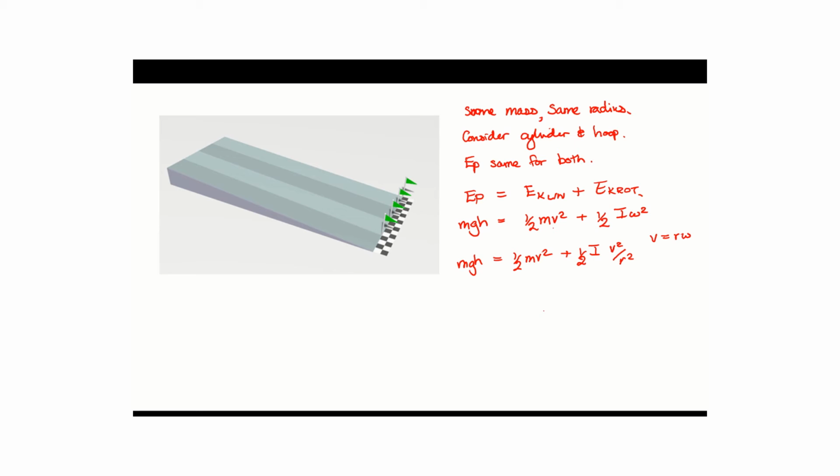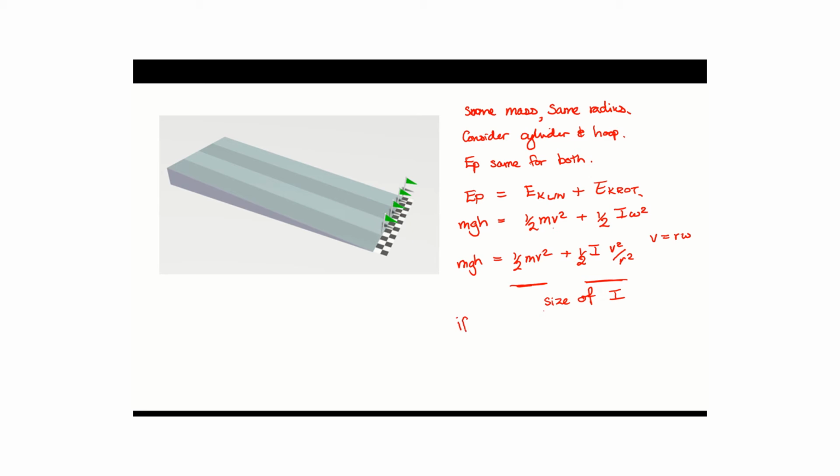Now V is in both, so that is linked, and obviously if the velocity is a set amount at the bottom, it's a set amount at the bottom. So the only thing that can change the proportion between the linear and the rotational is the size of the inertia. That will change the proportion between the two.